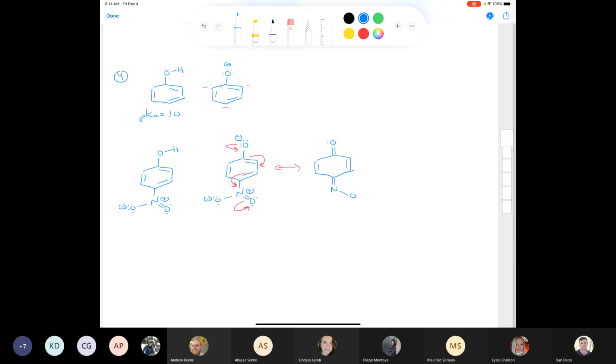How do we qualify acid strength? Well, it's whatever is going to produce a more stable conjugate base. And since this conjugate base has an additional resonance structure where we have the negative charge delocalized down on that electron withdrawing nitro group, this explains why paranitrophenol is more acidic than phenol.